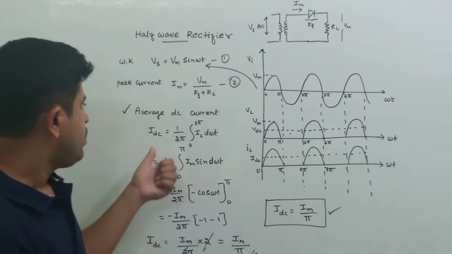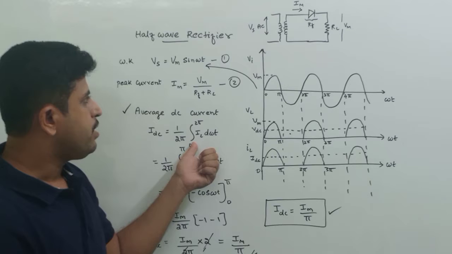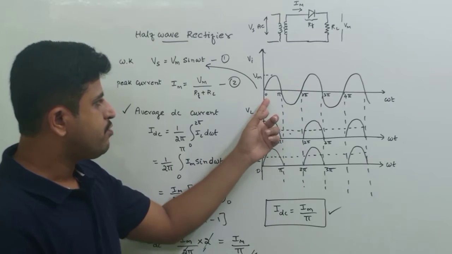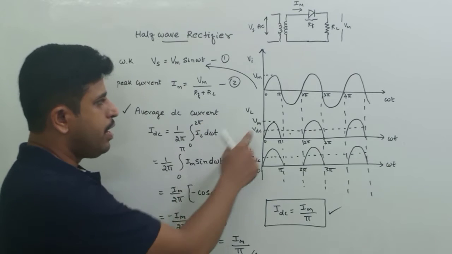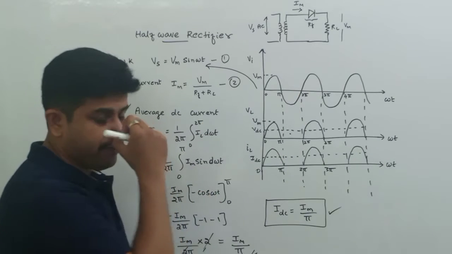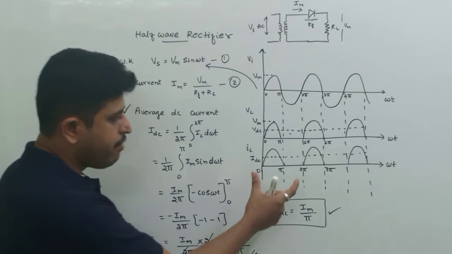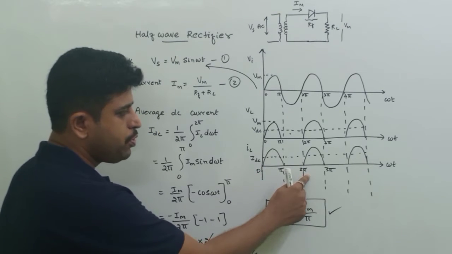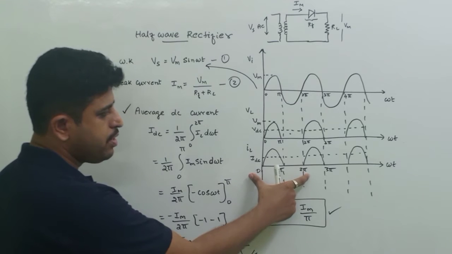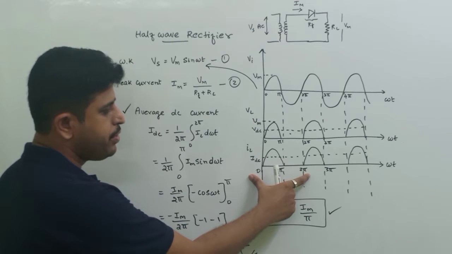So for that we are integrating one full cycle, that is from 0 to 2 pi. You can see the limits, we are taking 0 to 2 pi and we are integrating this, but we are finding the average current. So the average current at the output between 0 to 2 pi. So we are taking this one full cycle duration.